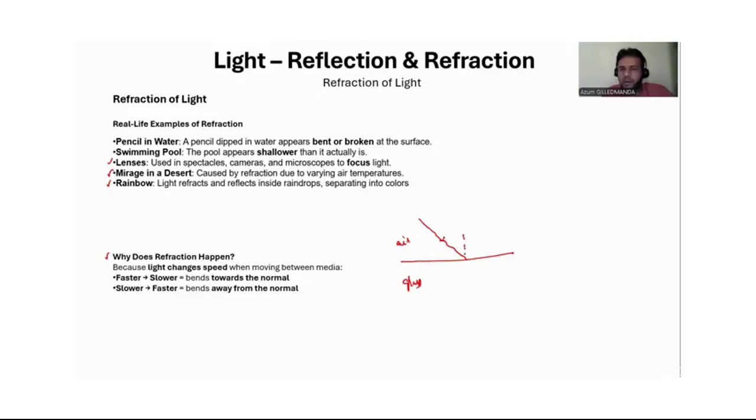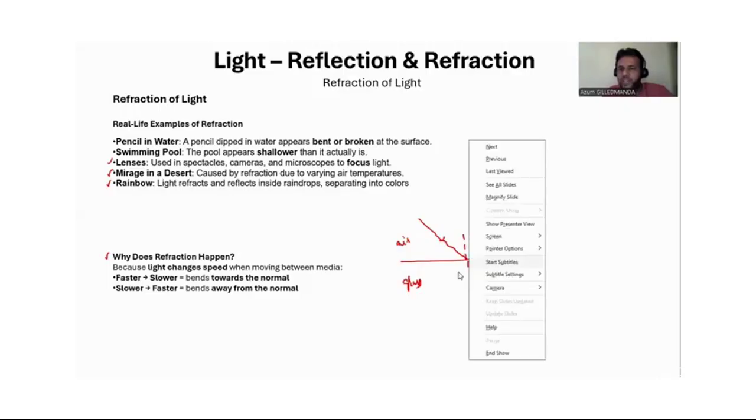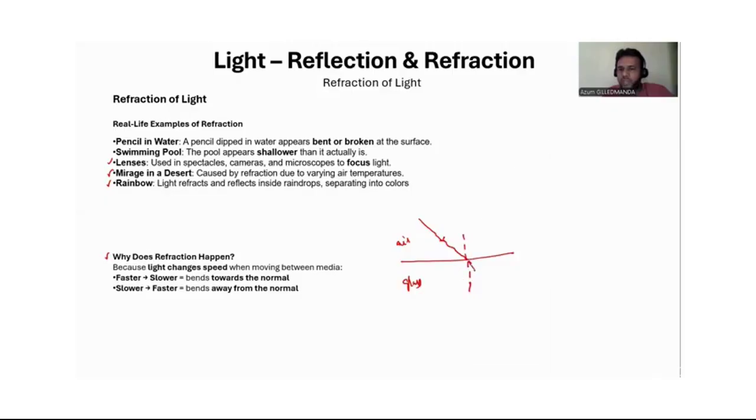Then at the surface, instead of taking the straight path, it takes a path that is closer to the normal. This is the angle of refraction and this is the angle of incidence. The light ray is moving faster, and when it enters the denser medium, it moves slower compared to the air. That's why it bends towards the normal.